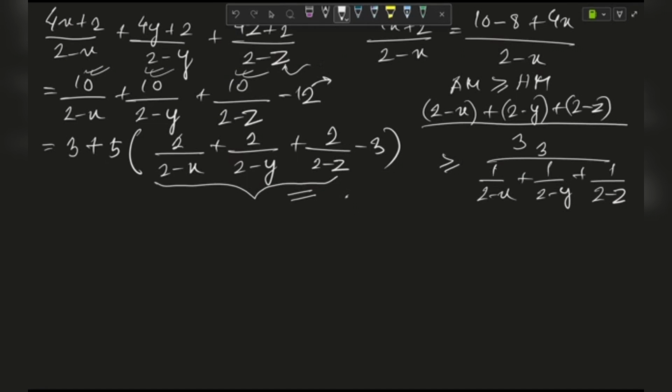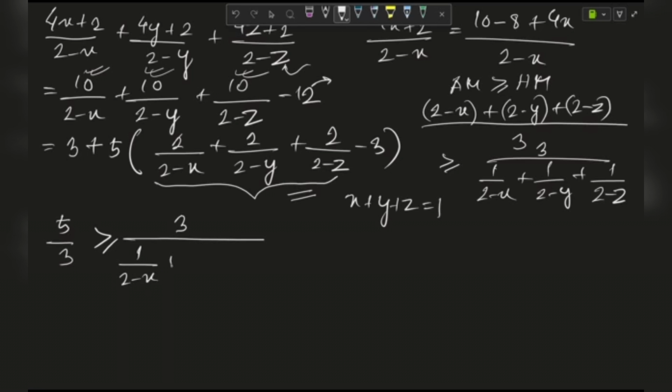Now we have an important result given here, that x plus y plus z is 1. So we can write the sum as 6 minus (x plus y plus z), so this becomes 6 minus 1, 5, divided by 3, which is greater than or equal to 3 divided by [1 by (2 minus x) plus 1 by (2 minus y) plus 1 by (2 minus z)].